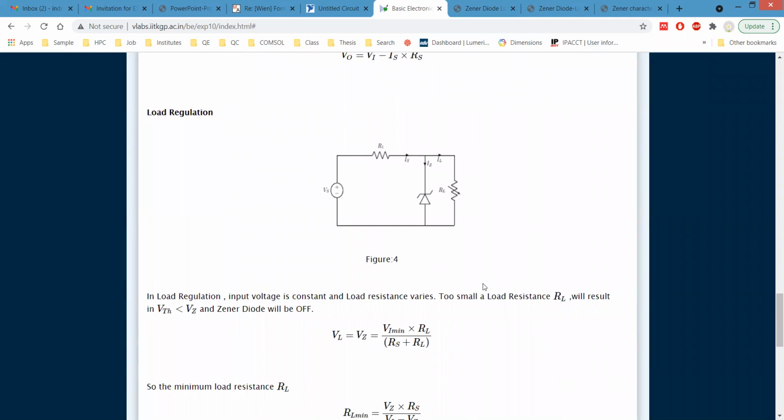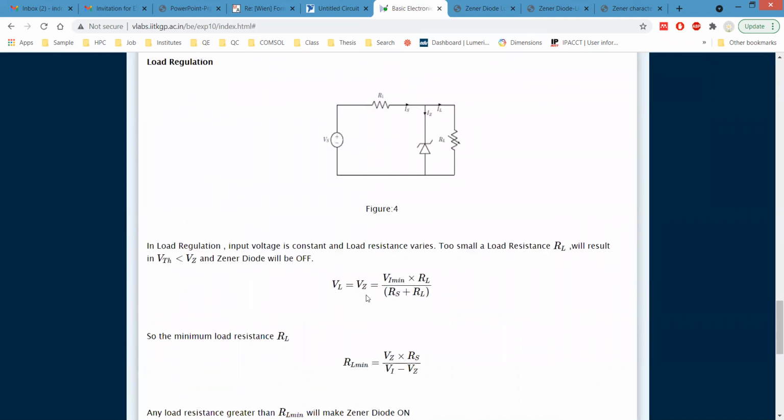So basically in this case, V load is our VZ, because it is across the resistor, and the total current which is coming through this input is divided into IZ and IL. Okay, so as we are changing the resistor, IL is changing, but as IS equals IL plus IZ, as IL is changing, IZ is also changing.